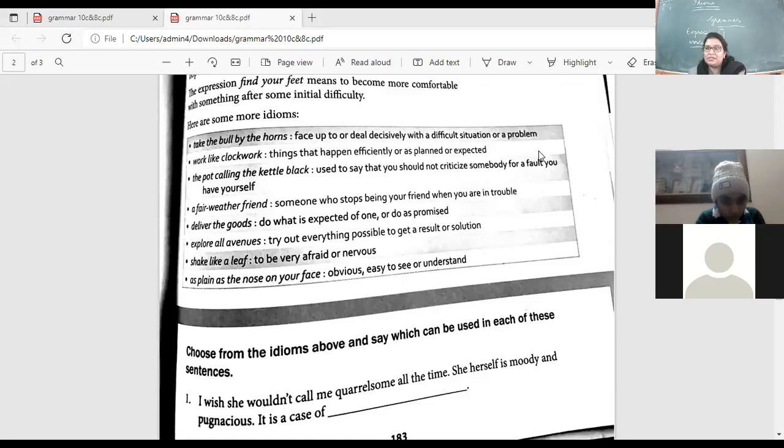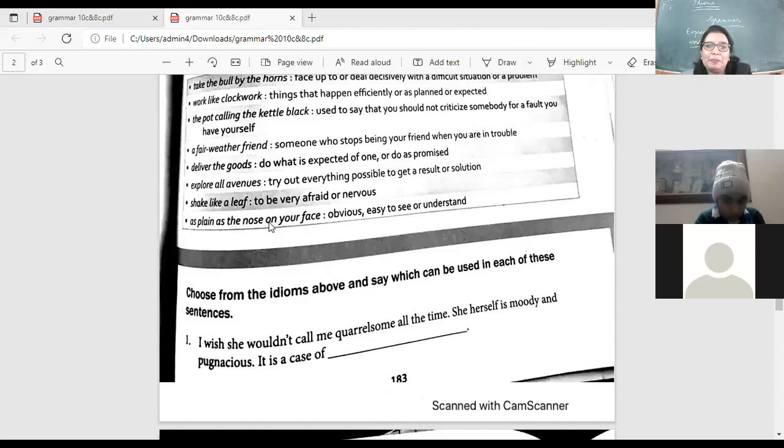So all the students shake like a leaf before their results. The brave hunter shook like a leaf in front of the tiger. Shake like a leaf is an easy one. Before my result, I was shaking like a leaf.